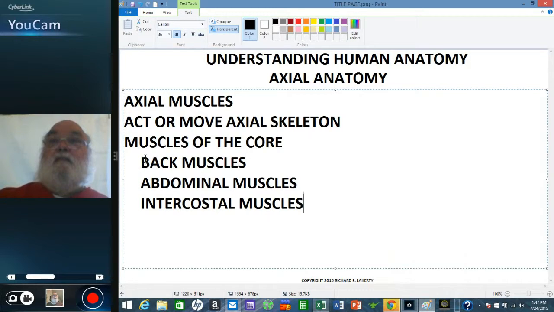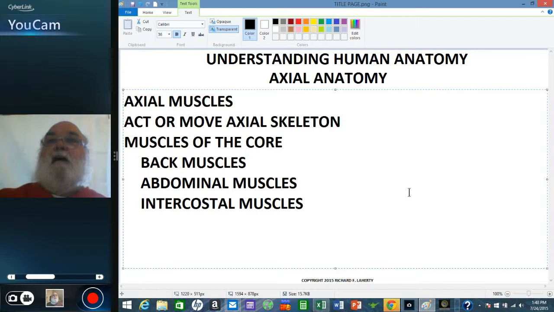Now, in summary, the axial anatomy is the anatomy of the trunk or core of the body. The axial skeleton consists of a skull, vertebrae, ribs, and sternum.